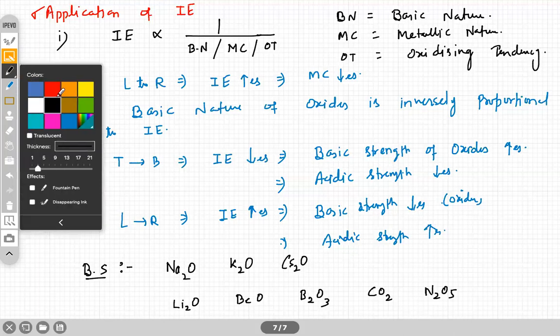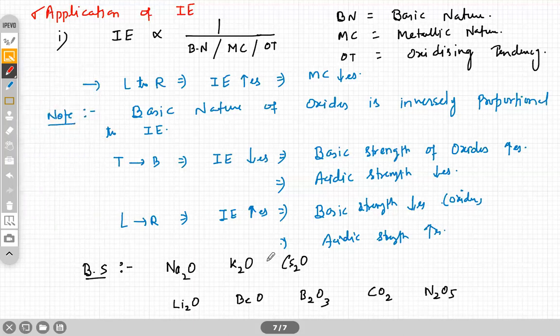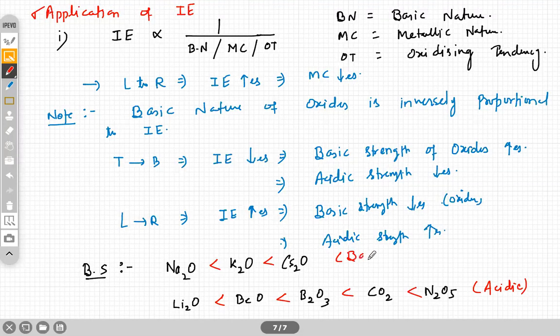Right? So on the basis of this information, we can say the order is this. Here also left to right we are going. The basic strength order is this. Oh, sorry. Left to right decreases. So this would be the acidic strength. Basic would be the opposite of it. This is the basic strength of oxides. No, these are the oxides.